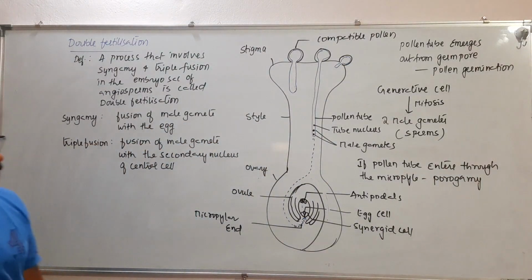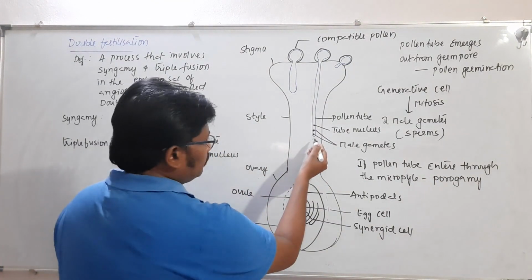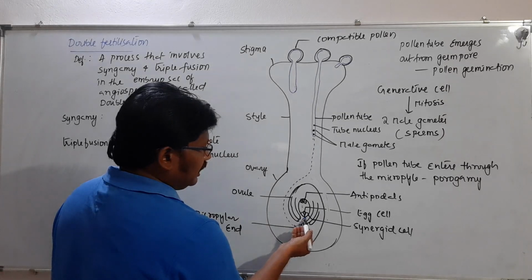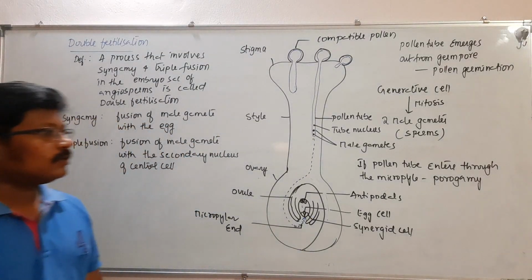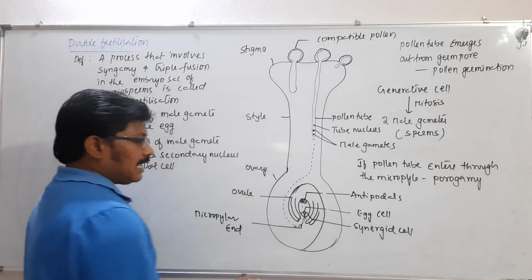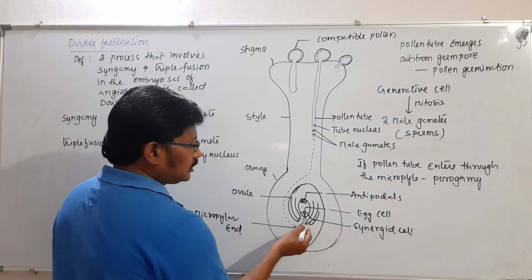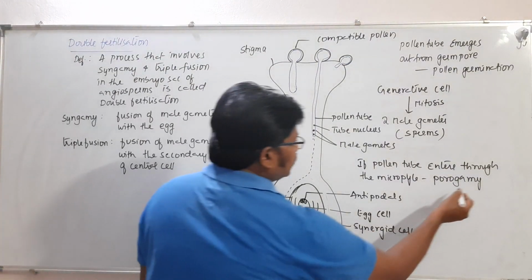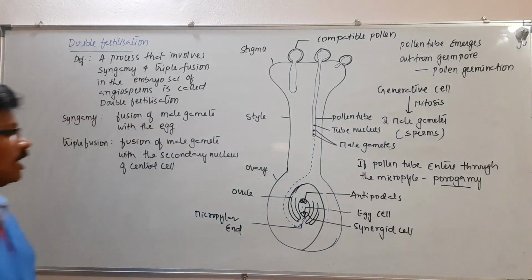You can see the pollen tube growing and then finally entering the ovule, and then into the embryo sac through the micropyle, and the condition is called porogamy.